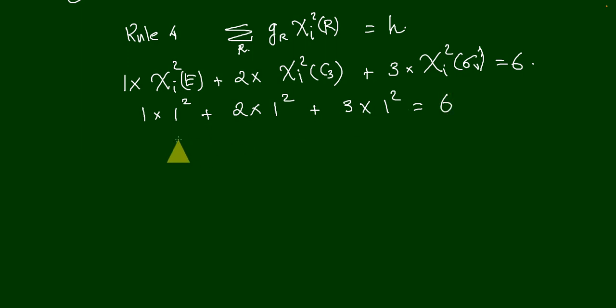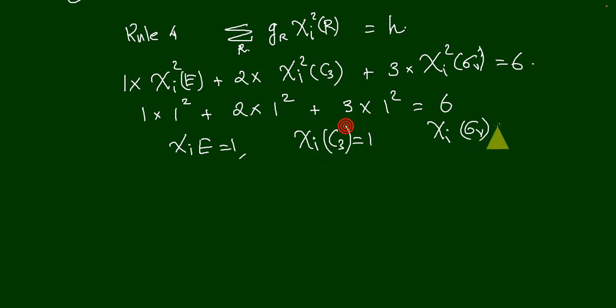So this equation will be valid if we take chi i E equal to 1, chi i C3 equal to 1 and chi i sigma v equal to 1. Okay, so if we take the characters of all operations of the representation as 1, the equation is valid.